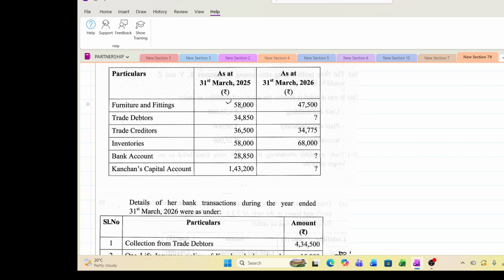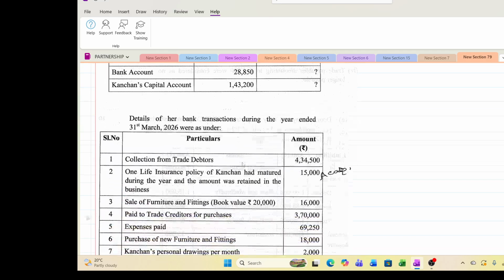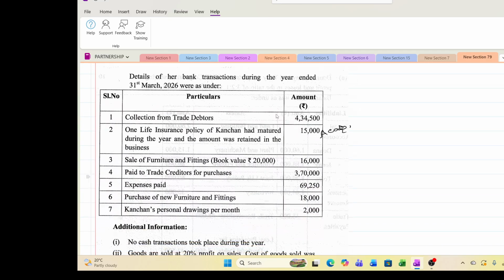In your furniture account, this also, and in the debtor account you have written this, and in the creditor account, both in the creditor account and in your current balance sheet. Inventories you have written in your trading account and in your current balance sheet. Bank account we have opened and written the balance brought down, and we have written the capital account. Now we don't require this box at all. So this is over. Now coming to the next box.